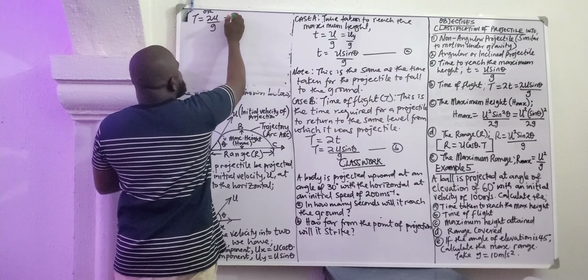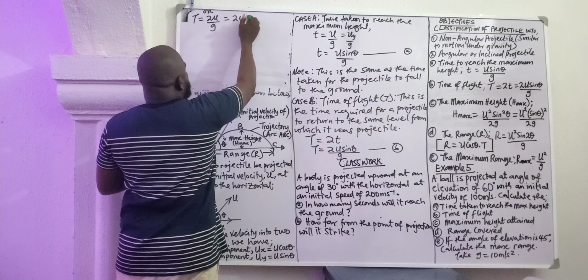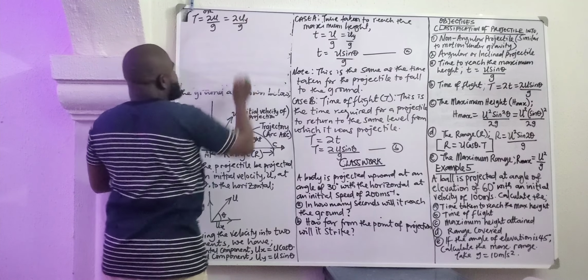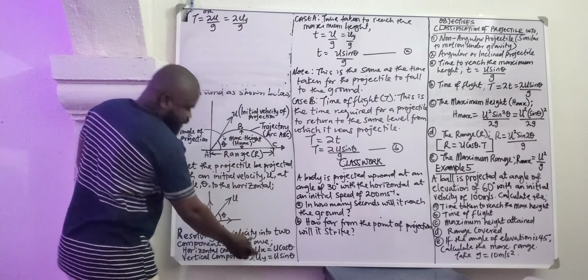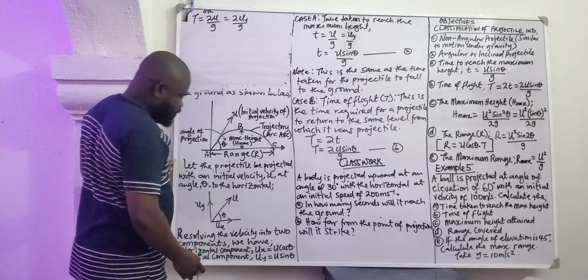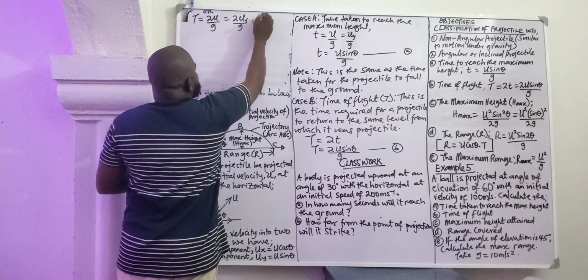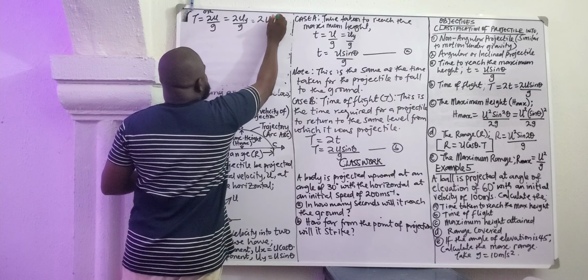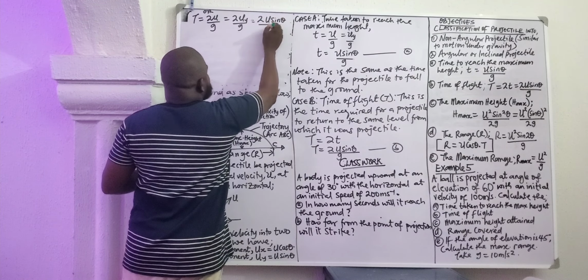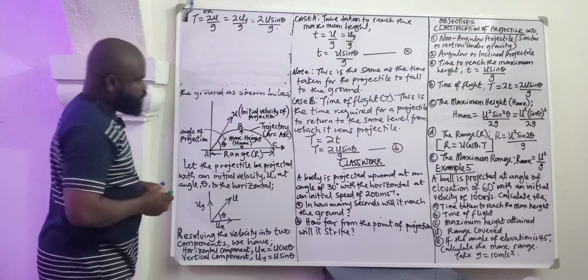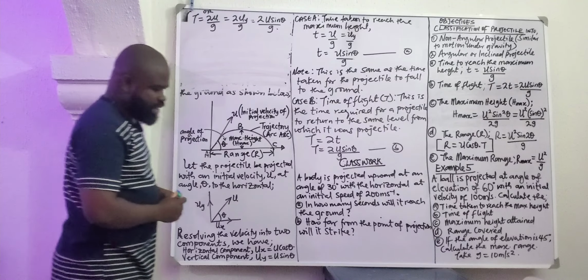And like I said, this u is actually uy over g. And if we replace uy, that is inclined at an angle, you will have T equals 2u sine theta over g. So you have the same thing for the time of flight.